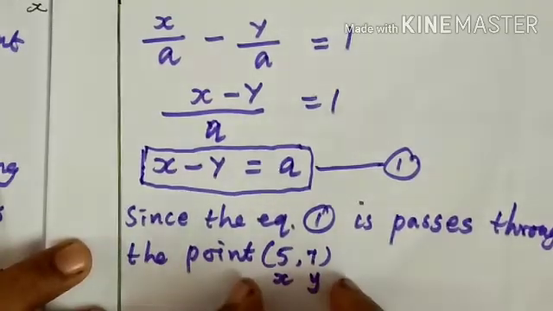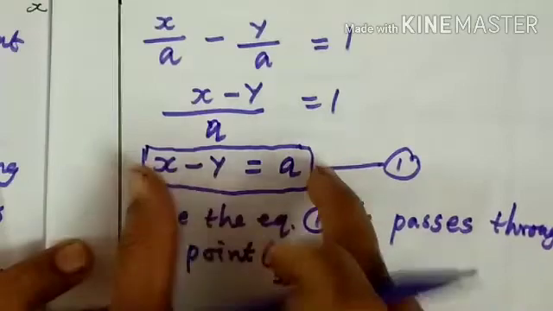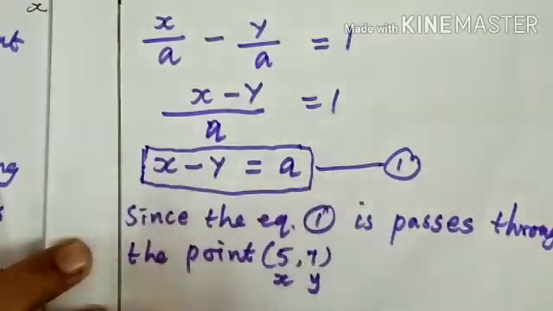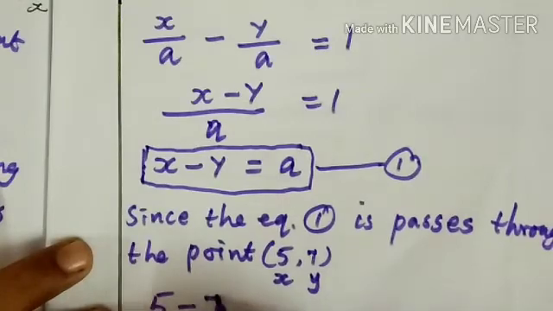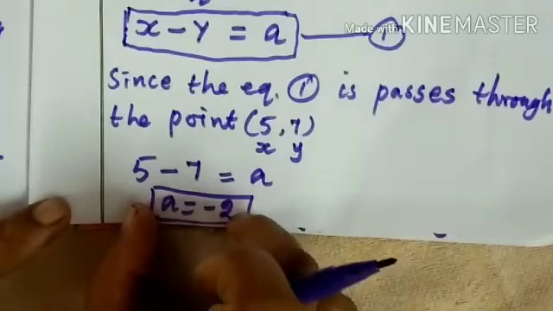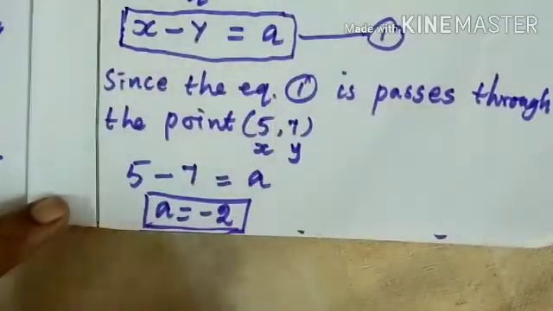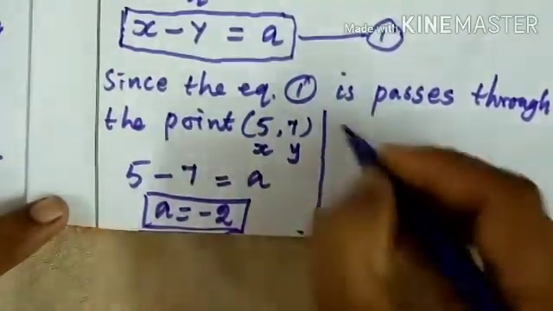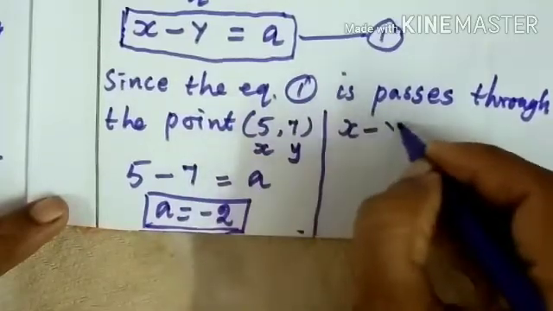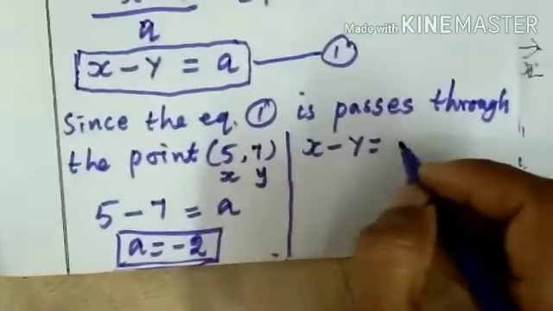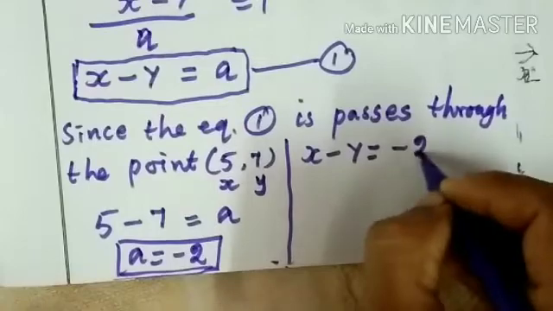Now you have to substitute these points in this equation, and we get the value of A, that is 5 minus 7 is equal to A. You have to apply this A value in equation 1, and we get x minus y is equal to minus 2.